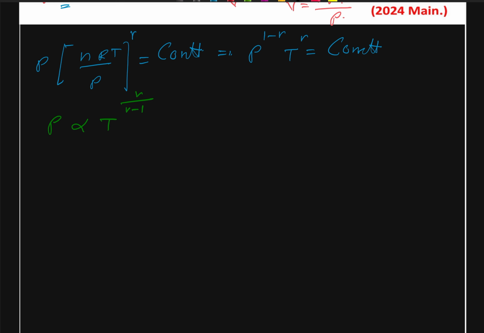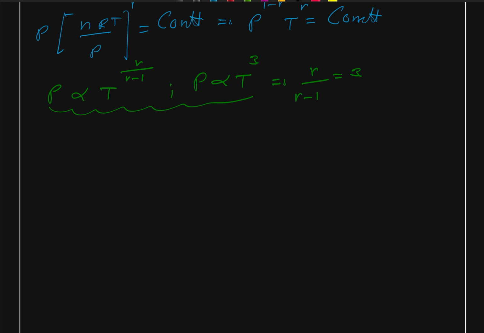But we are given that P is proportional to T raised to power 3. So from here we can easily say that gamma upon gamma minus 1 is equal to 3. And now it is quite easy to solve.